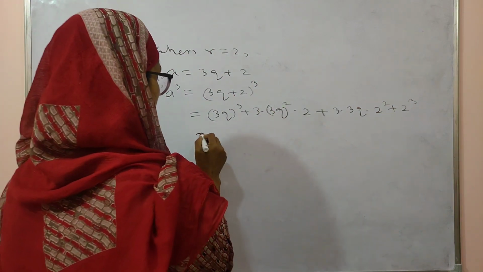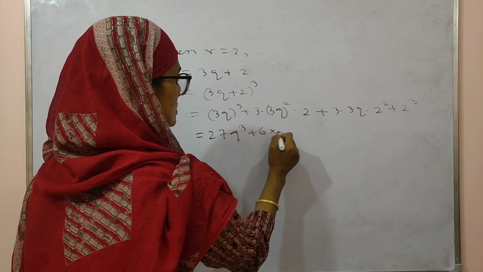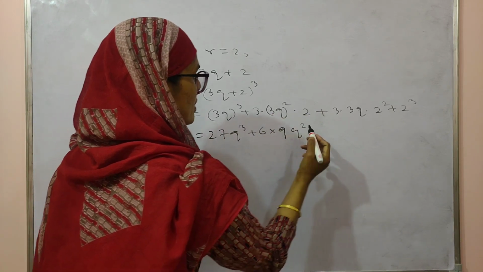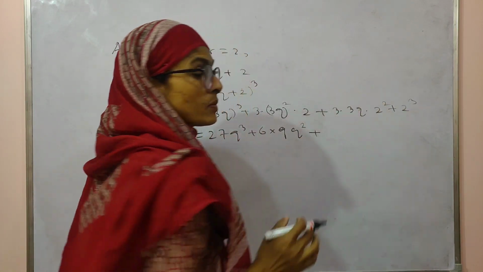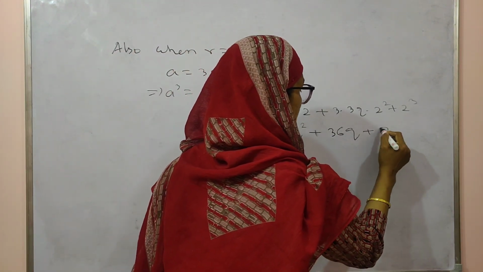Next write down 27q cube plus 3 twos are 6 into 9q square plus 3 threes are 9, 9 fours are 36q plus 8.